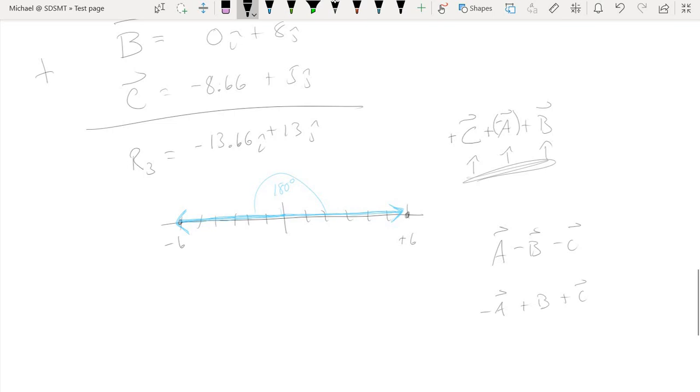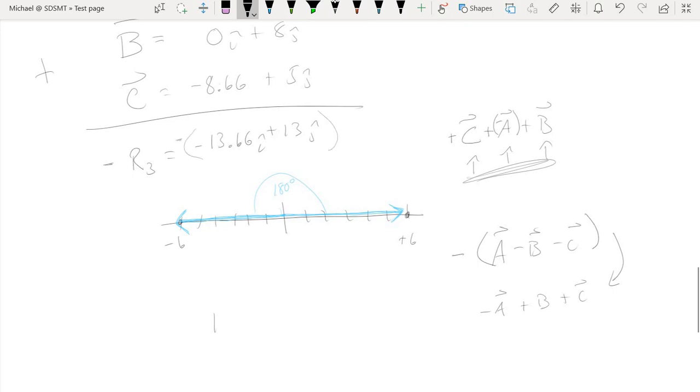Well, as far as these two combinations go, this top line right here is just the negative version of that combination. And so what would happen if we put a minus sign in front of R3?